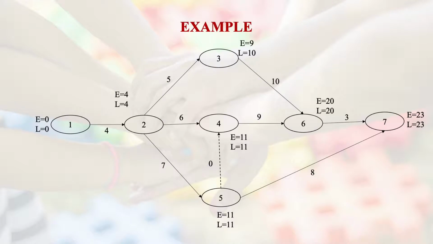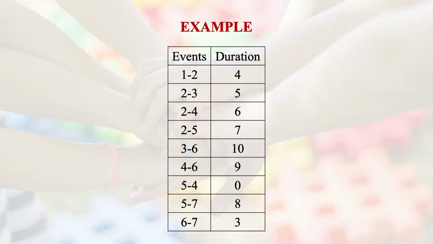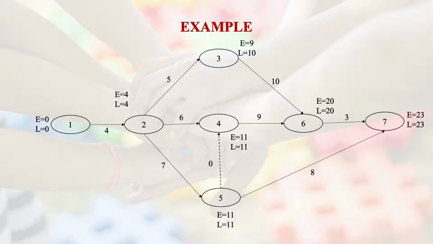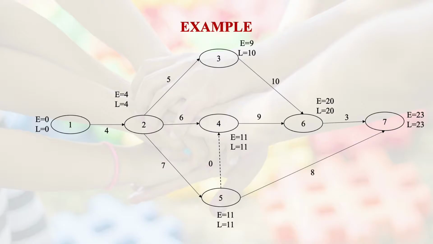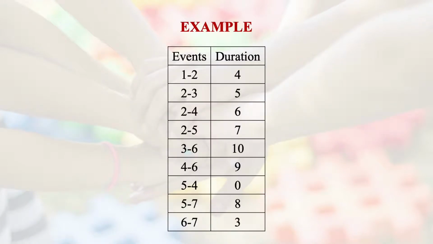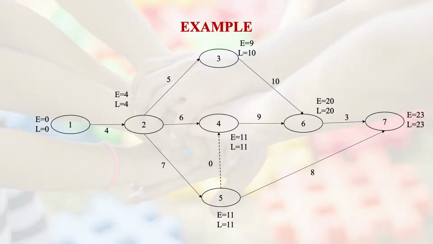You can see this particular activity took the time 4, the duration for this activity was 4, and that is exactly what is being shown. From event 2 to event 3, the activity takes the time 5, and that is precisely what is being shown. 2 to 4, the time is 6. Like that, the timing of various activities has been mapped onto this diagram. So now this diagram is ready for some kind of network analysis.